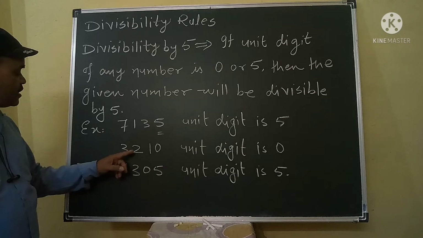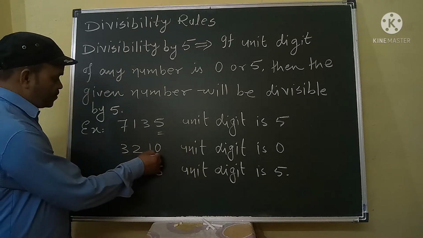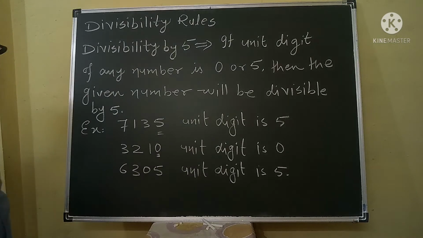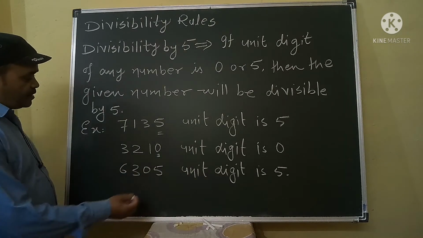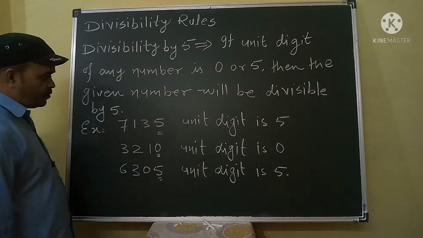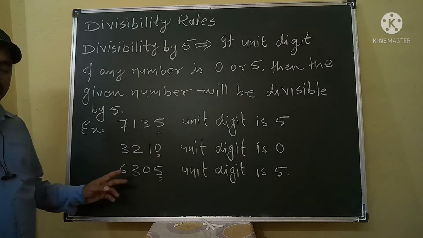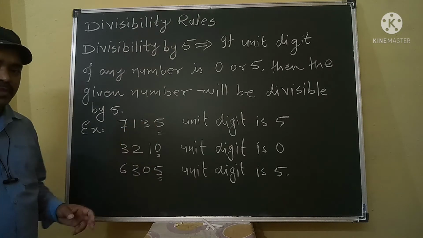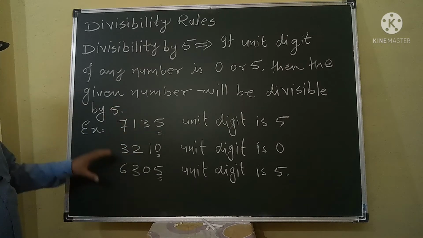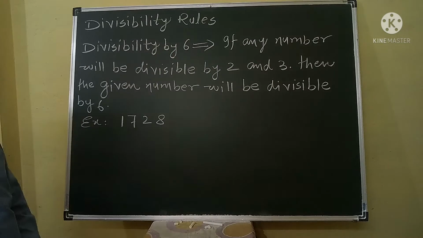In 3210, unit digit is 0. In 6305, unit digit is 5. That means in all these numbers, unit digits are 0 and 5. That means all these numbers are divisible by 5.